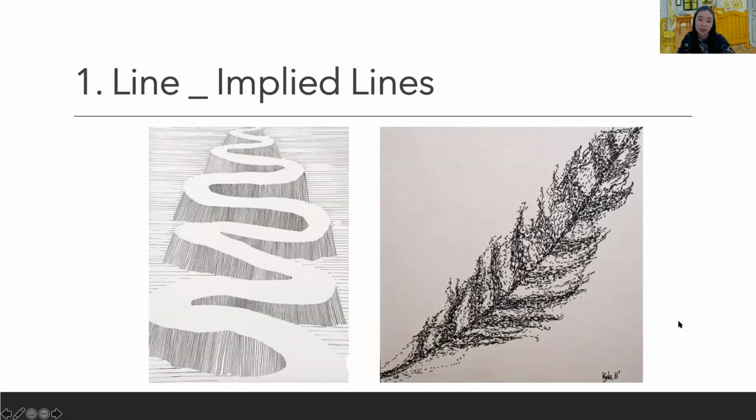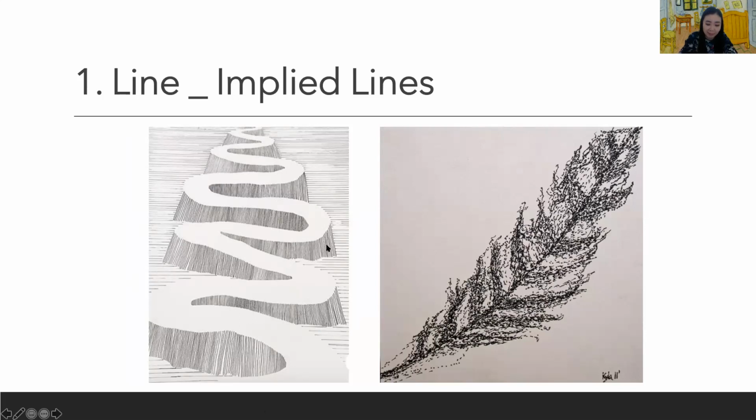And here's another example of implied lines. On the left drawing, there is no defined line for the road, right? However, we can imagine there is a road by the vertical lines surrounding the road.